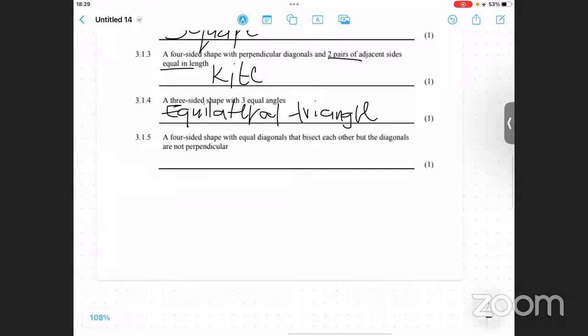A four-sided shape with equal diagonals that bisect each other, but the diagonals are not perpendicular. Which one is it? Is it a parallelogram? Is it a rectangle? Is it a rhombus?